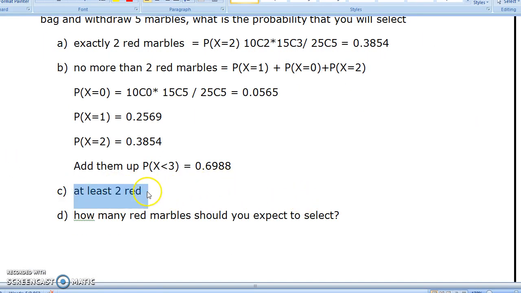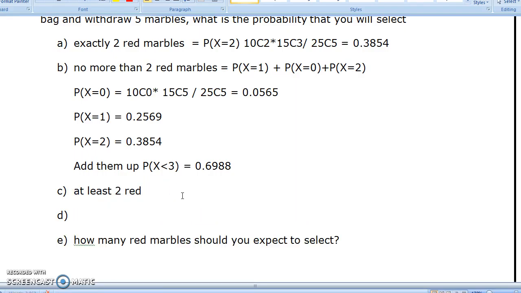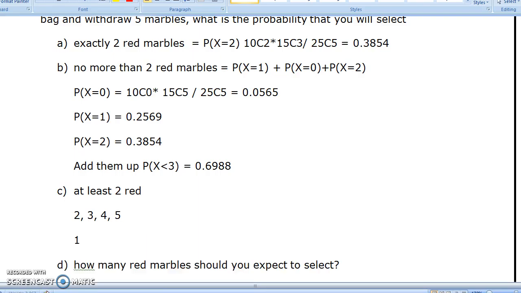Okay, at least 2 red. That means we get 2 red, 3 red, 4 red, or 5 red, so we'd have to add up all of those options. A better option would be to go 1 minus P(X=0) minus P(X=1). This way, I take all the options, subtract the ones where we got no red, and subtract the ones where we got 1 red.